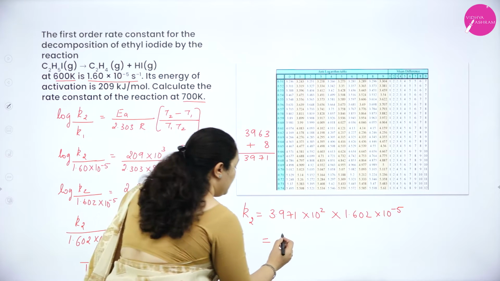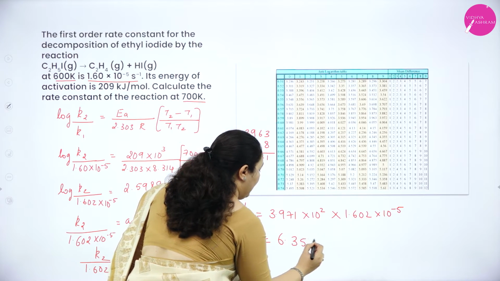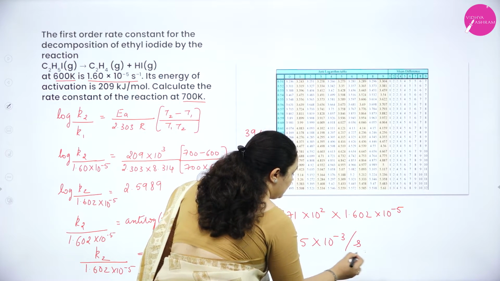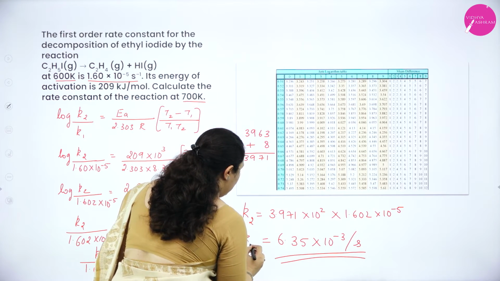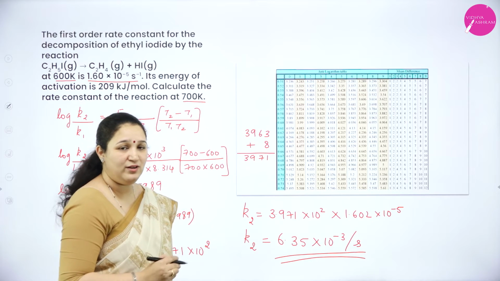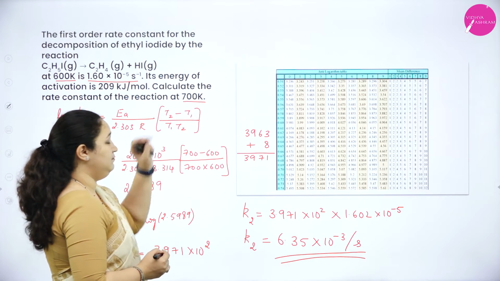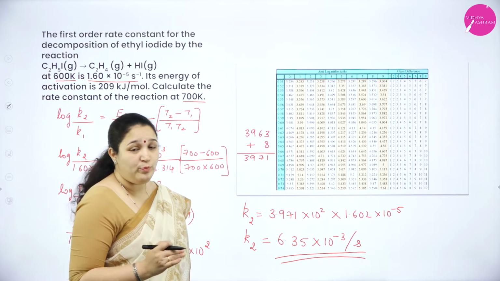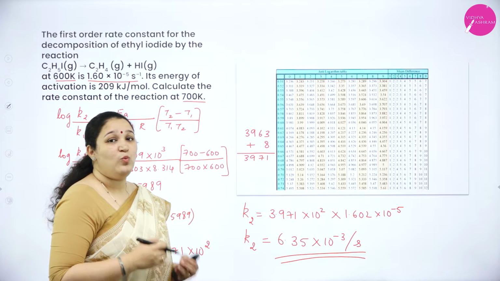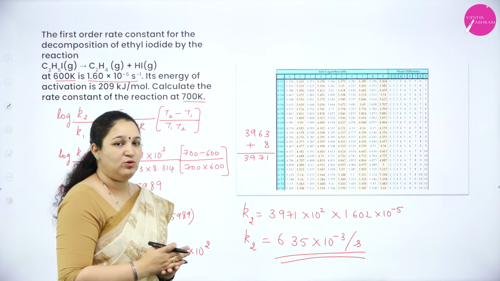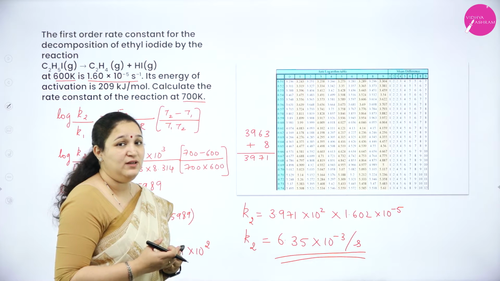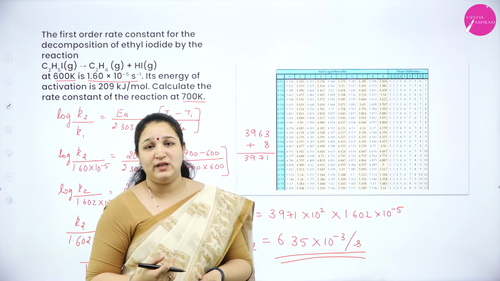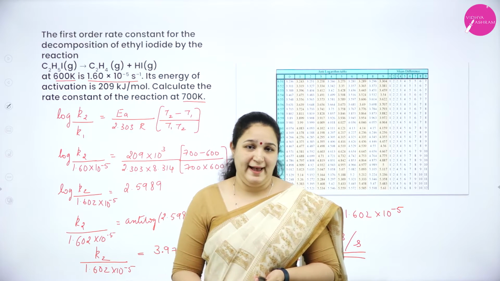That is 6.35 into 10 to the power minus 3 per second. So this is the rate constant at 700 Kelvin. Okay. So I hope you have understood how to solve. Wherever necessary, you can pause the video and try to understand even better. Okay. That is about the different numericals which we have.